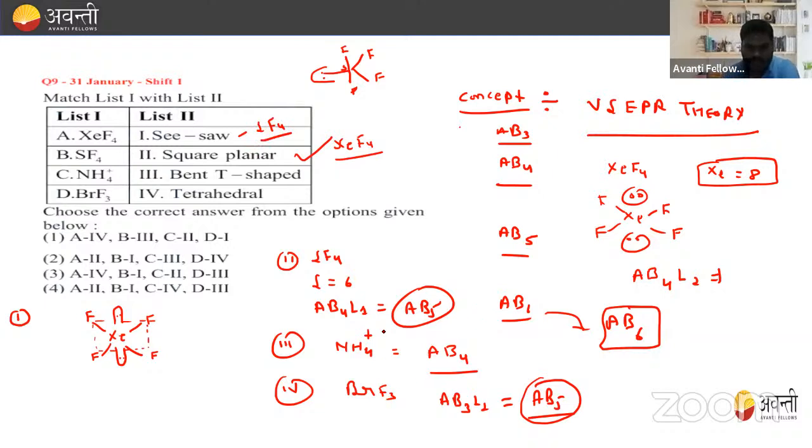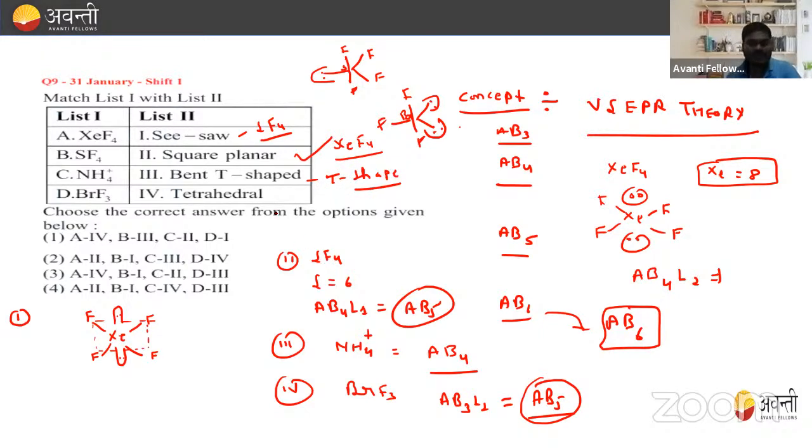Now, BrF3. BrF3 has 2 lone pairs. Just draw like this. 1 lone pair is here, 1 lone pair is here. And this is BrF3, 1F, 1F, 1F, and this is Br. What is the shape? That is the T shape. So BrF3 has T shape. And in NH4 plus, there is no lone pair.